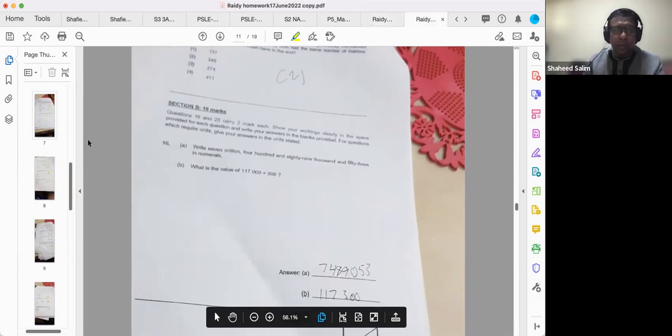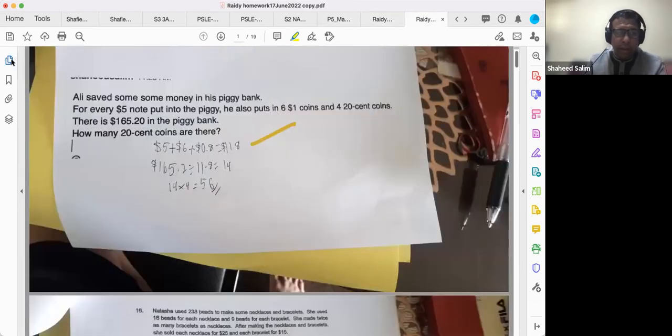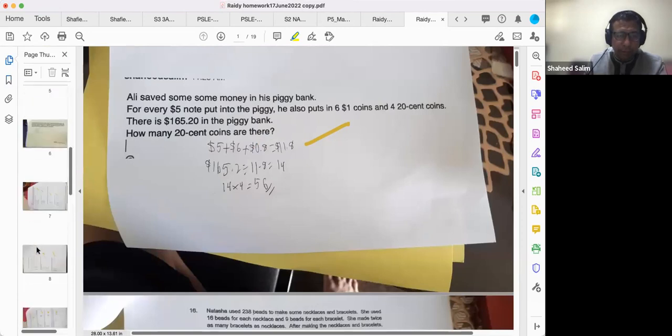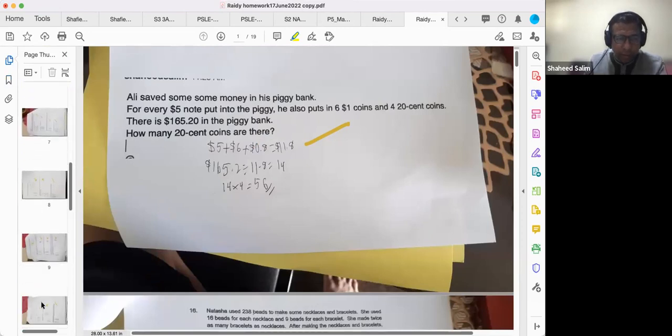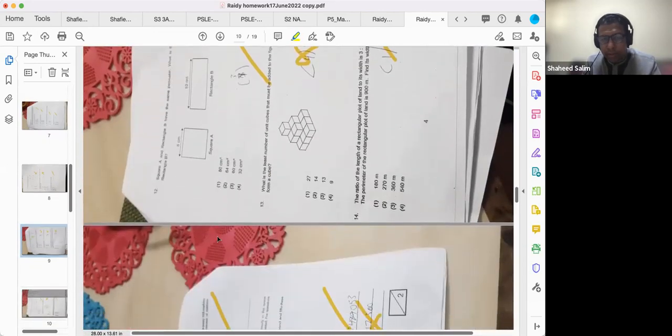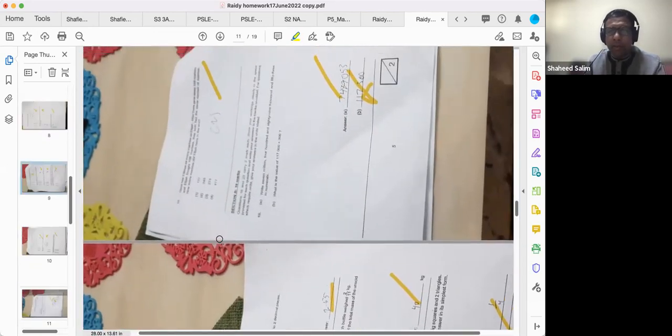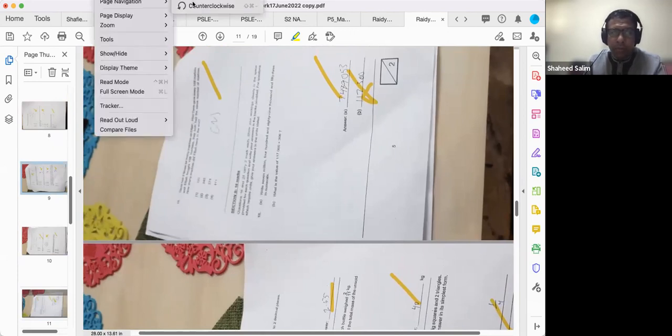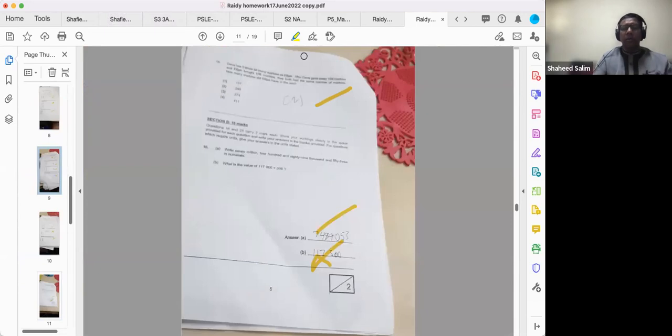You can see the top is correct, bottom is not correct. Hold on. Okay, so let us look at this question and you try.